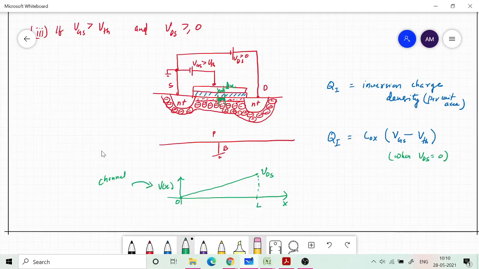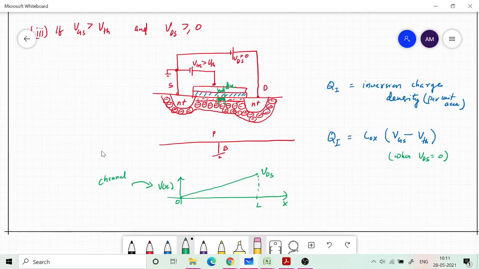The potential in the channel varies as a function of x, because we have not only created the channel, we have applied a potential across it. Therefore this potential is going to vary from left to right. It will increase from left to right. So this is the channel potential.